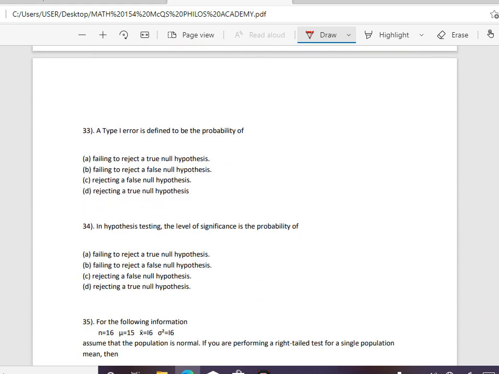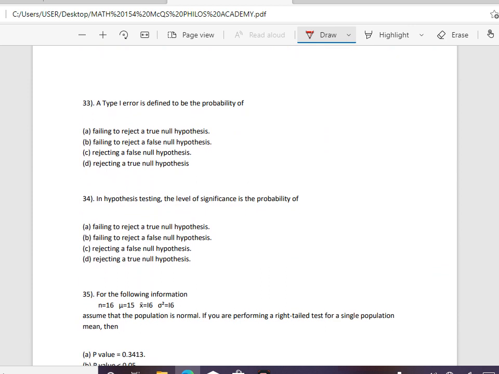33. A type 1 error is defined to be the probability of rejecting a true null hypothesis.